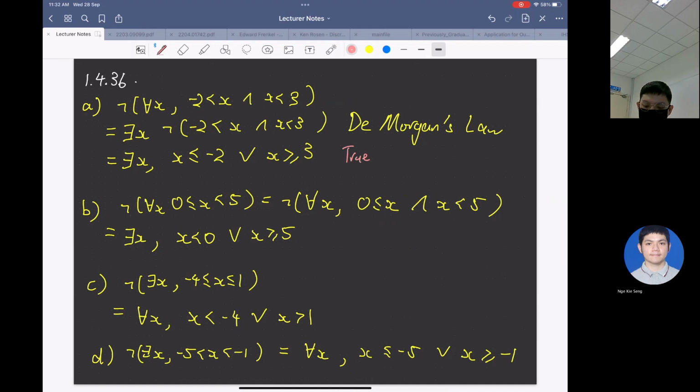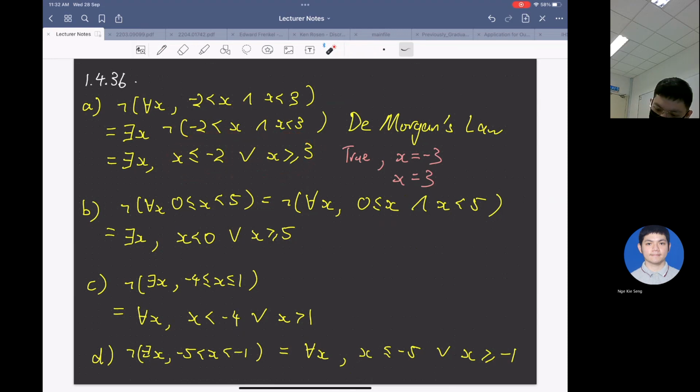I can take x equal to -3. Never mind, because even if this is false, this is still true. So I also can take x equal to 3. So this is true, this is false, never mind.